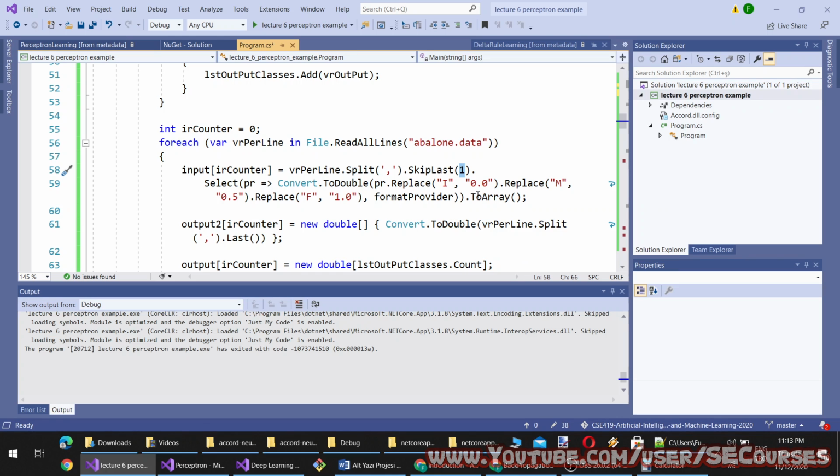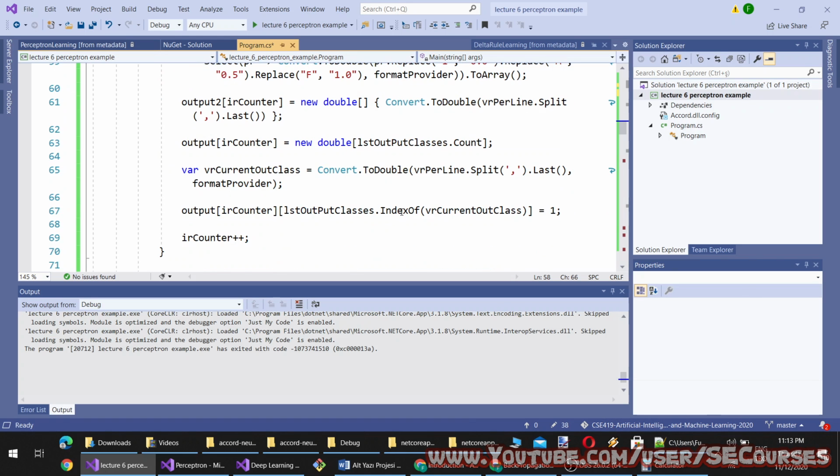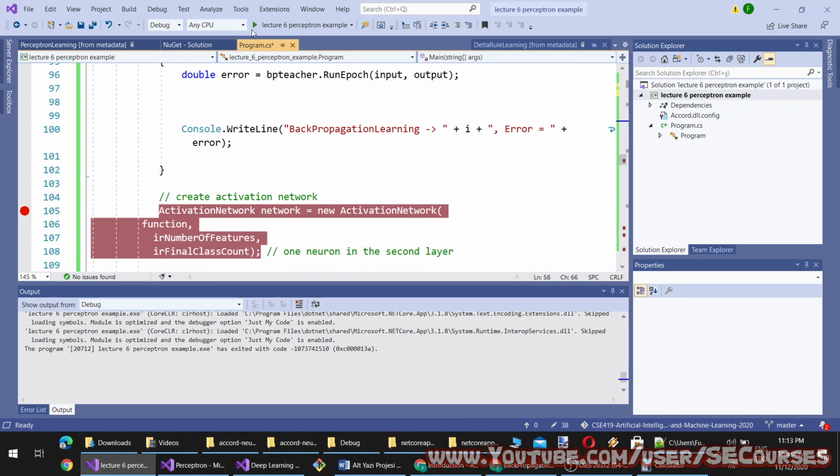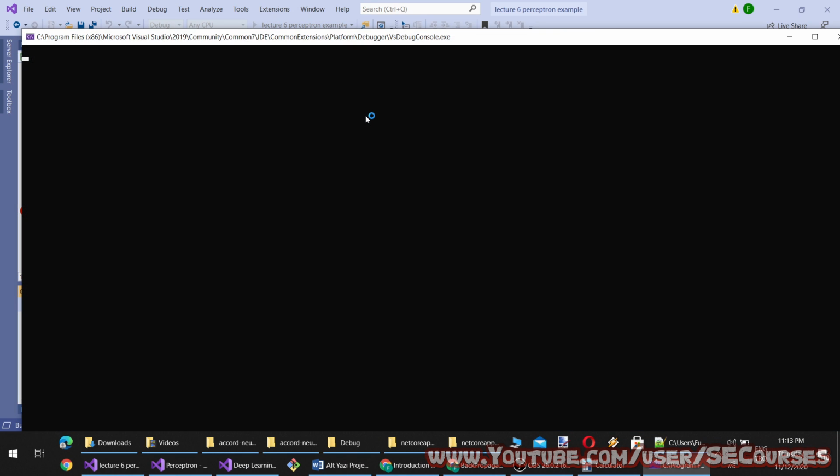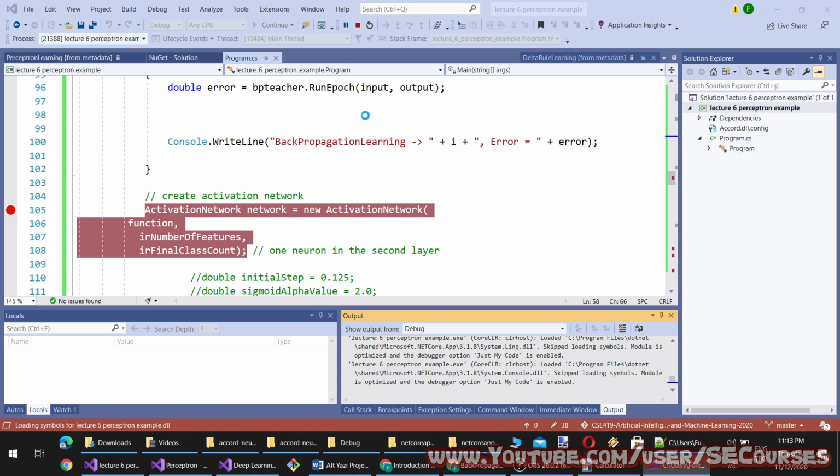So this time the class will be again last. Okay, so this should work, I think, perfectly fine. Everything else was dynamic. You see, the dynamic programming makes your job much easier.